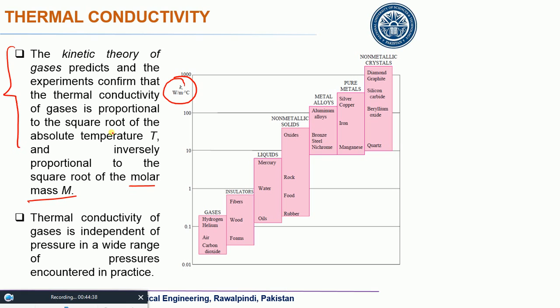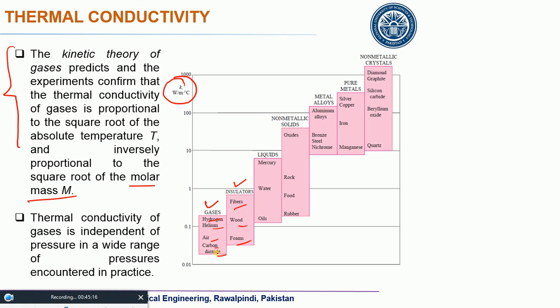It says that thermal conductivity of gases is proportional to the square root of the absolute temperature T, and inversely proportional to the square root of the molar mass. So through this table you can see that gases have the lowest values for K: hydrogen, helium, air, carbon dioxide and all that. And then you have insulators. It means the designed insulators are better conductors as compared to the gases.